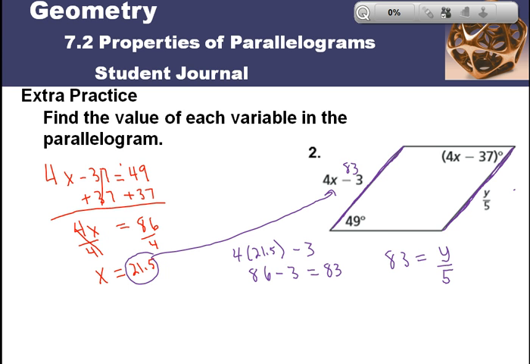Now to solve this, I'm just going to put this over 1 and cross multiply. So I get 1 times y, which is y, and then 5 times 83. And 5 times 83 is 415. So I get y is 415 degrees.